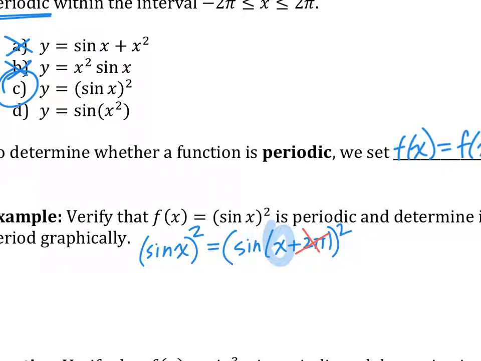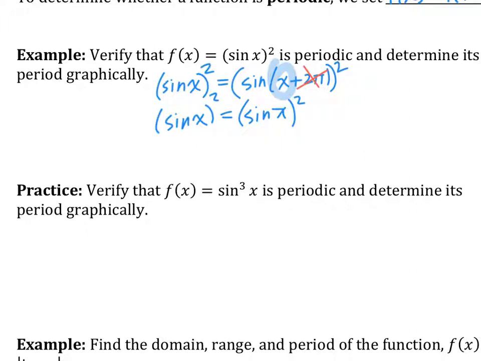Remember a few sections ago we talked about that? Sine and cosine repeat themselves every 2 pi. Tangent repeats itself every pi. So then this just becomes sine x squared equals sine x squared. So then they're the same, which means it is periodic. Yes, correct. It's unnecessary there.